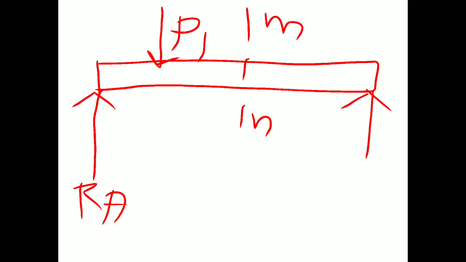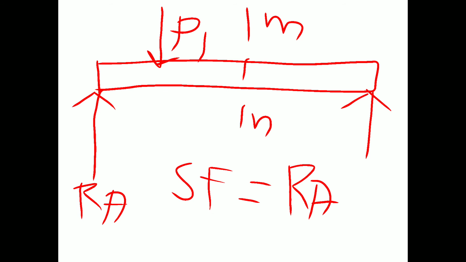Now what is shear force? Shear force is equal to the algebraic sum of all the vertical forces on either side of the section. Therefore from the figure we have the shear force equal to RA, which is acting in upward direction, minus P1.